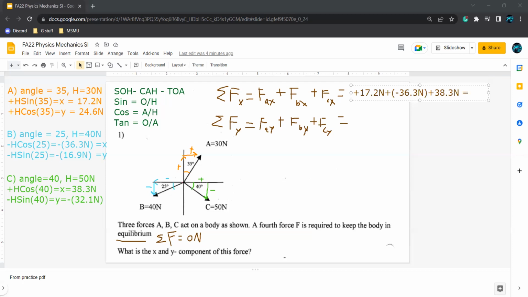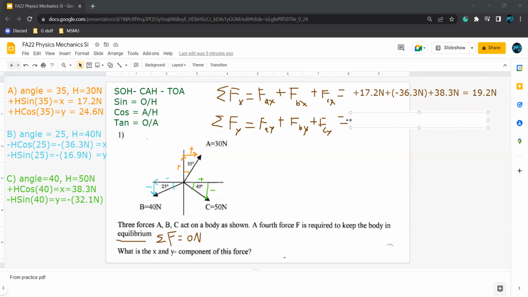Which add them up to minus 36.3 plus 38.3. That is positive 19.2 newtons.